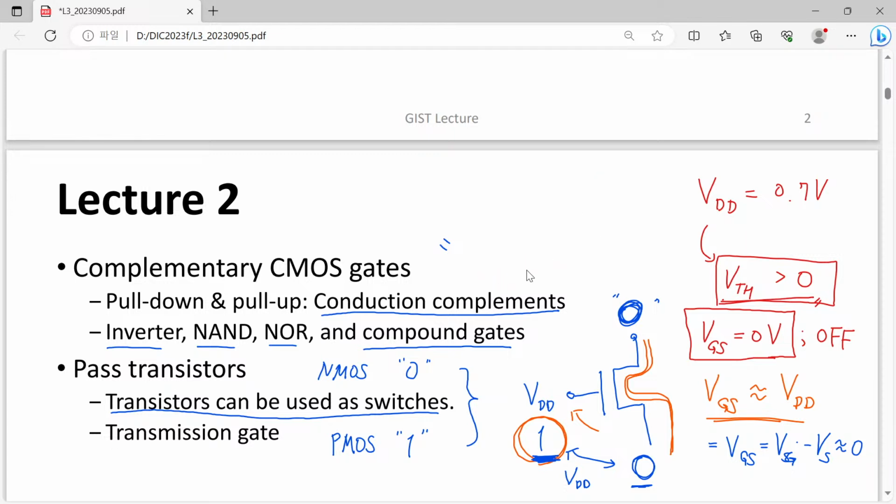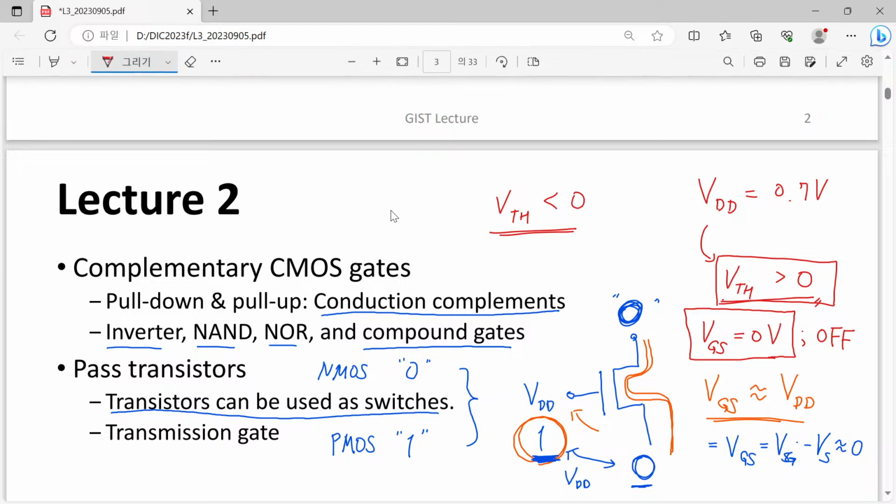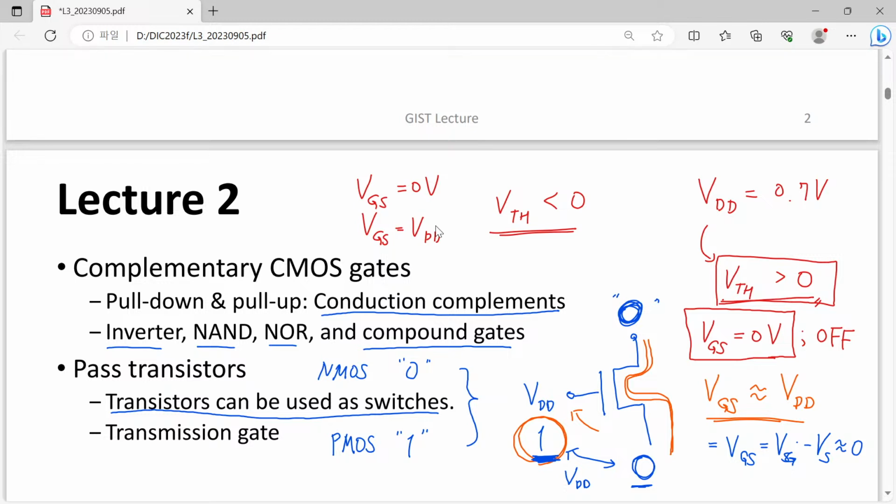It sounds quite weird, but there are many devices, many transistor technologies whose threshold voltage is actually lower than 0. It means that even when you apply Vgs equal to 0 volt, your device is not turned off. And when you apply Vgs equal to VDD, it is also turned on. Therefore, it is not that good for our digital application.